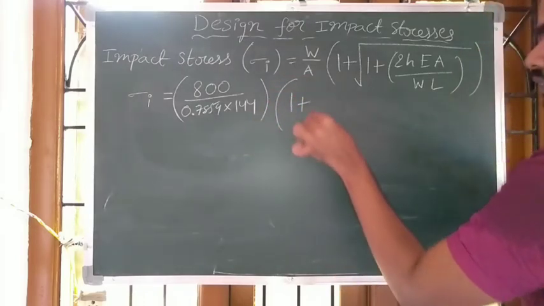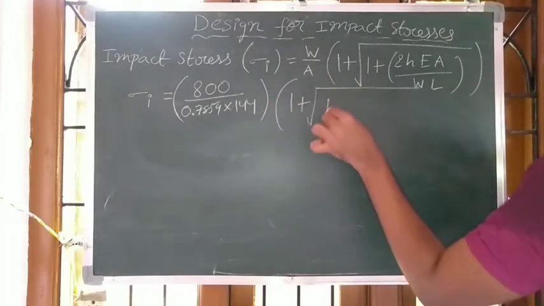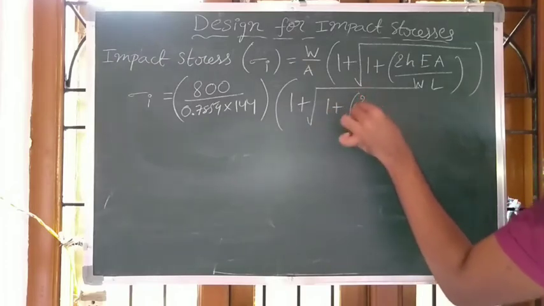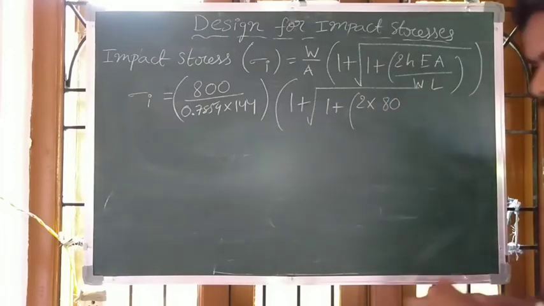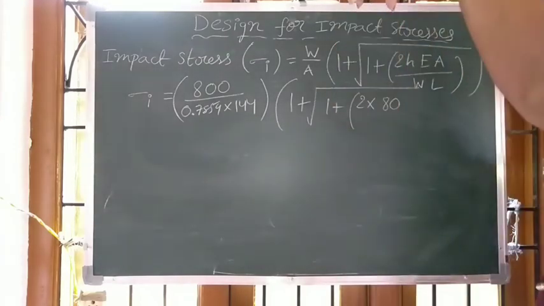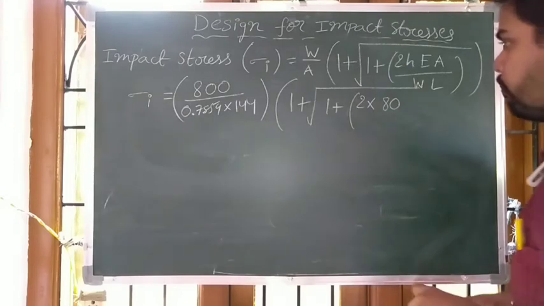1 plus root over 1 plus 2 into h, where the height is 80 mm; the impact load is released from a certain height h equal to 80 mm.